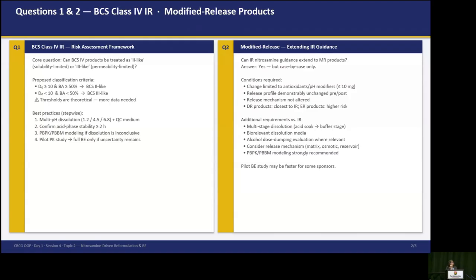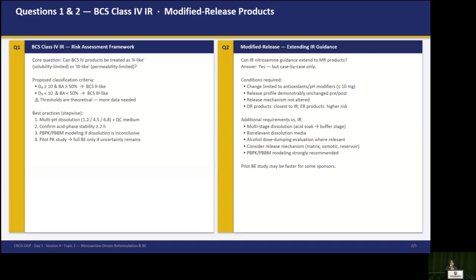The first question is for nitrosamine-impacted IR products, and here we tried to propose a risk assessment framework. We also put forward a threshold that we would like to go over, and we welcome opinions on whether this threshold is feasible and how we can adjust the range.